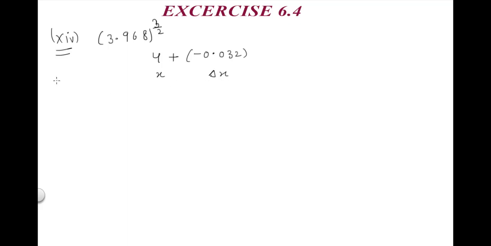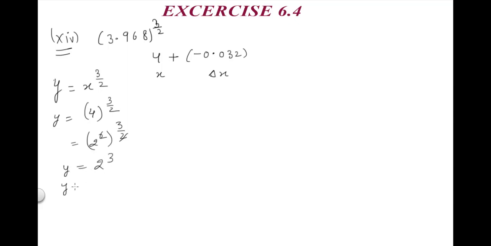Now how will we find y? Y is equal to x to the power 3 by 2. Now x here is 4, so 4 to the power 3 by 2. Now 4 can be written as the square of 2 and its whole power is 3 by 2. So we get 2 to the power 3, hence y is equal to 8. Now we have got y, we will find dy by dx.